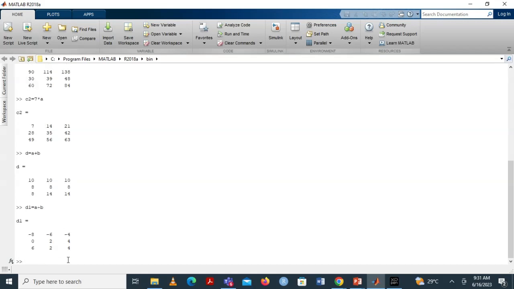It has been able to perform the subtraction operation. Then we have D2 is equal to B plus A.